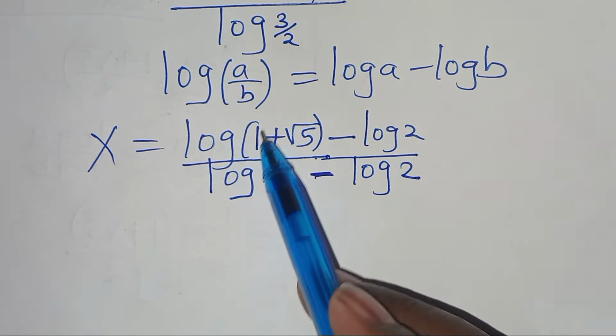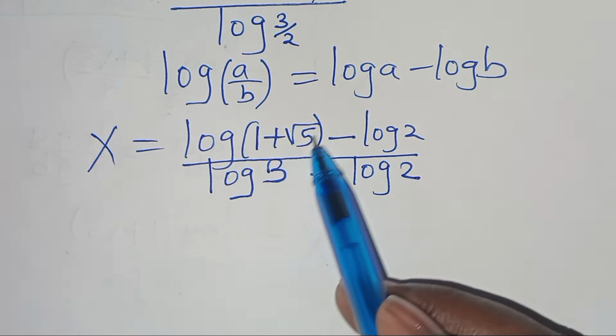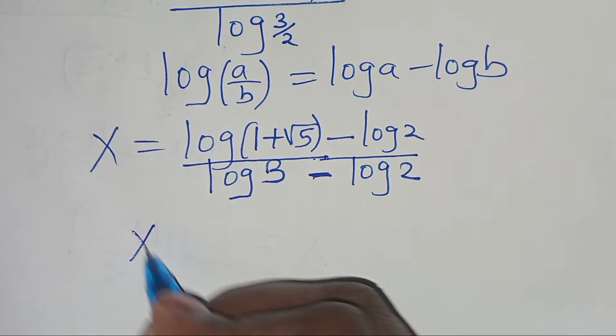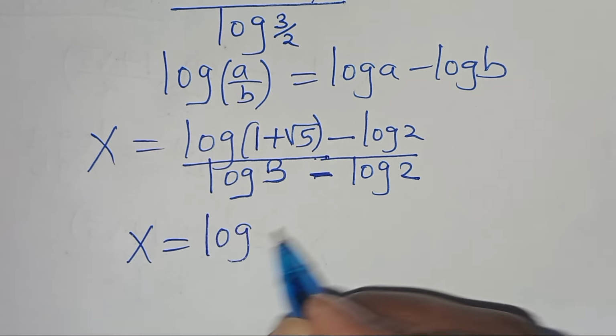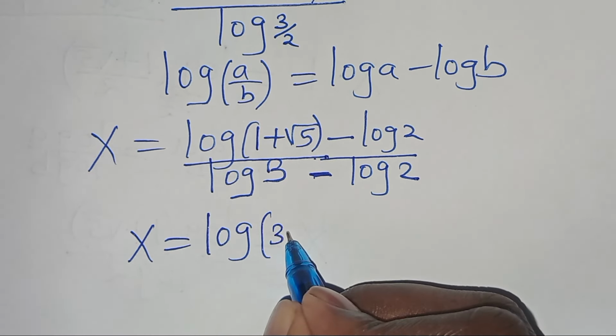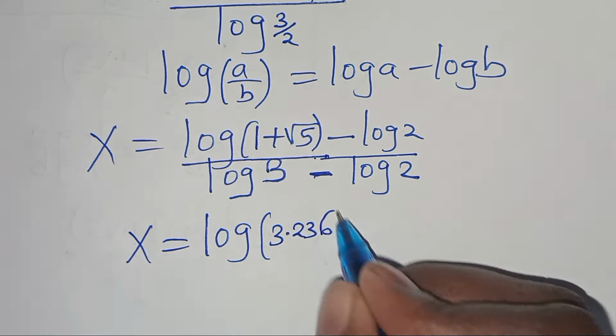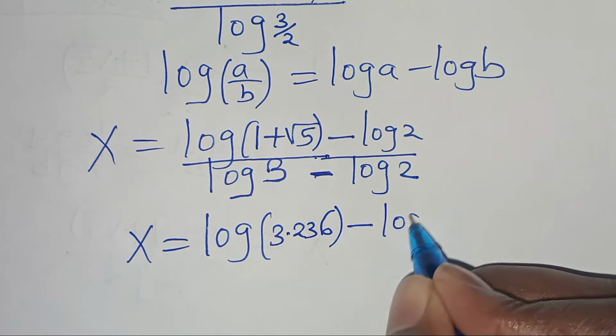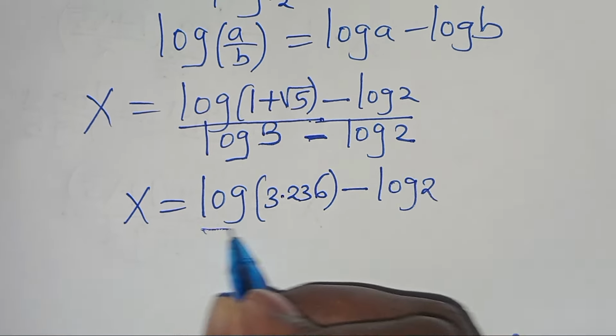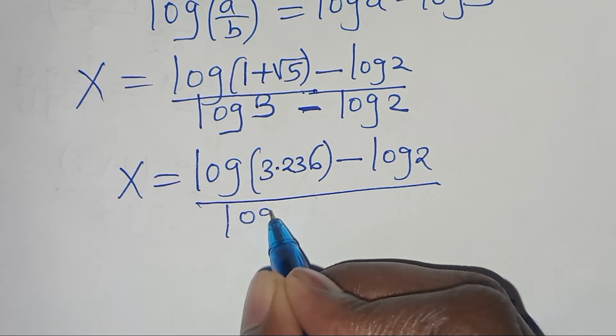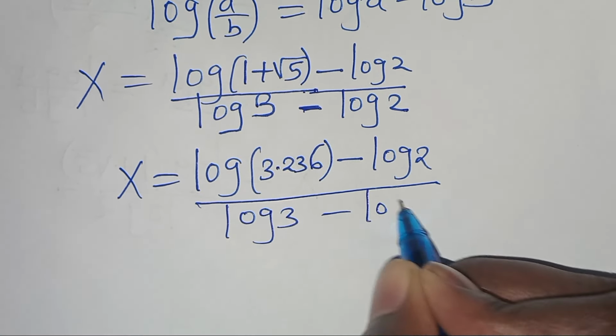So we have that log of 1 plus square root of 5, this is the same thing as log 3.236, then subtract log 2, divided by log 3 subtract log 2.